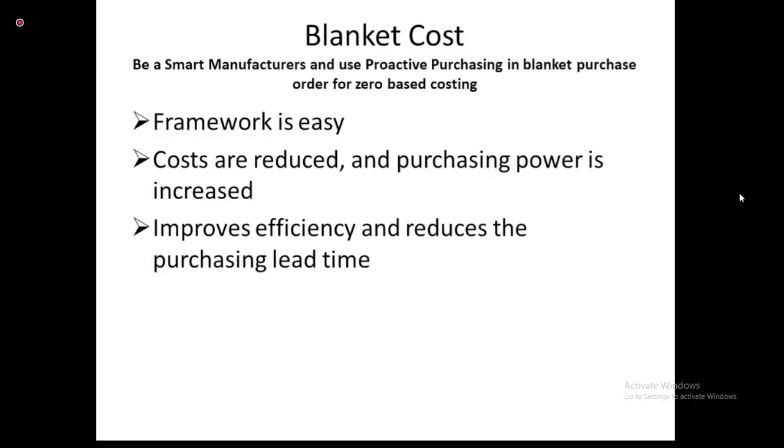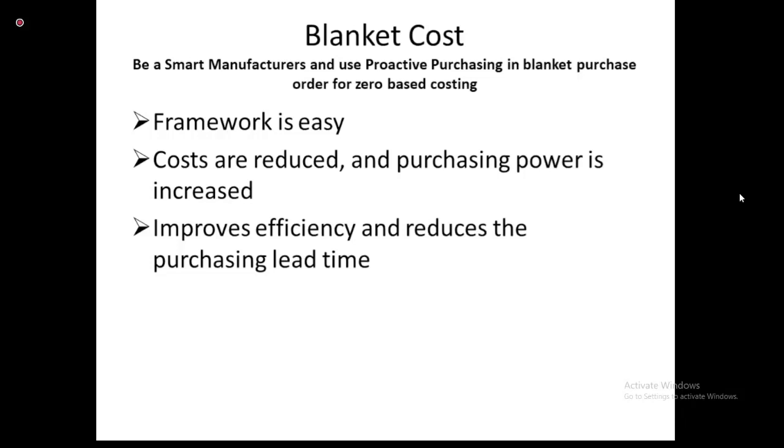Many master suppliers are reporting that there is a price increase of 7% on steel products and 10% on stainless steel products. So one of the most powerful ways to mitigate the risk of rising prices is that you have to make the supply chain very proactive.